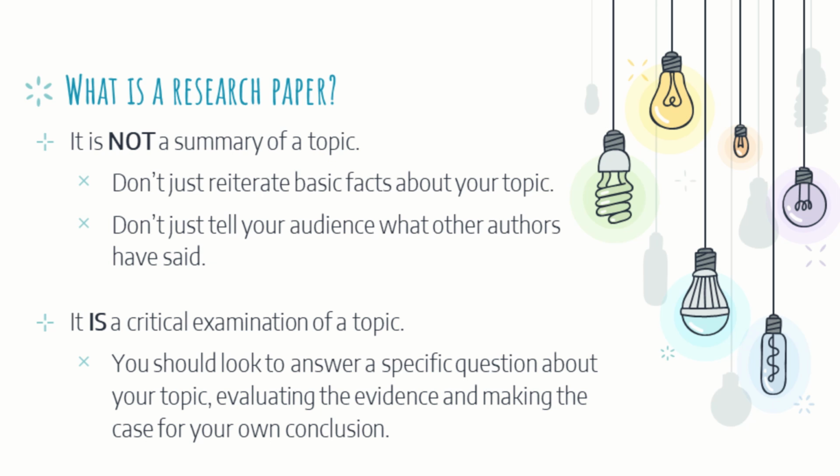First, let's talk about what a research paper even is. It is not a summary of a topic. Let's use the Salem witch trials as an example here and assume the assignment is a 5-page paper.